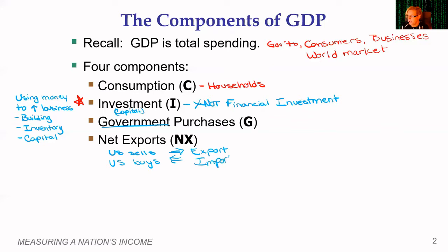To get net exports, we're going to take everything we sell, you can think of it as the good part of this, minus everything that we buy. And many people don't like that we're so dependent on other nations, but you saw in Chapter 3 why that is. For the United States, net exports tends to be negative.